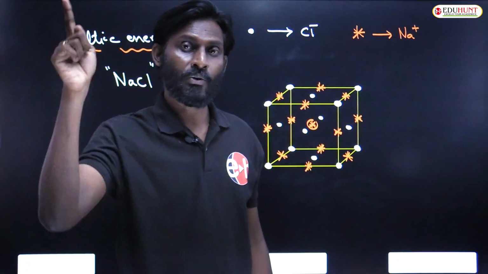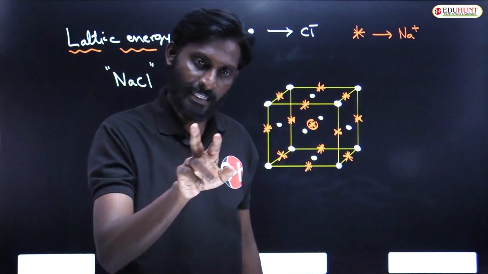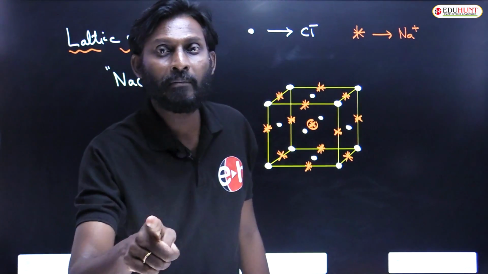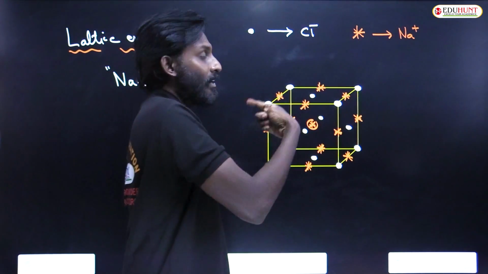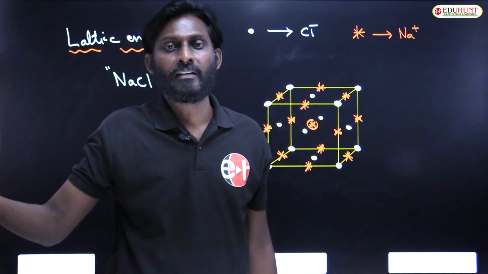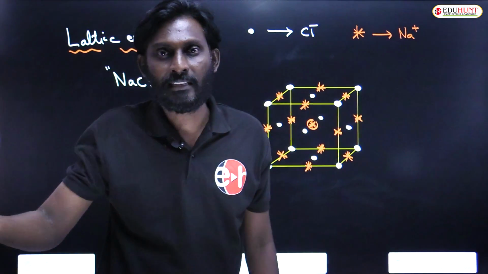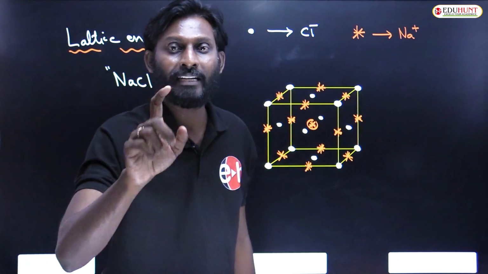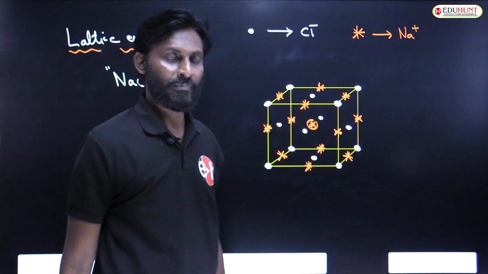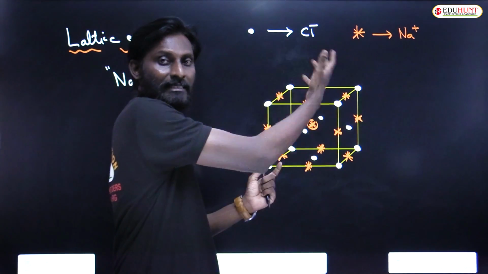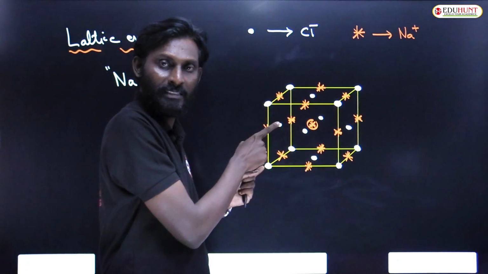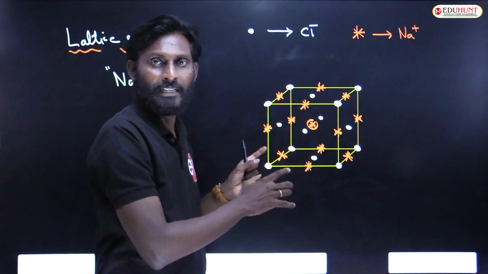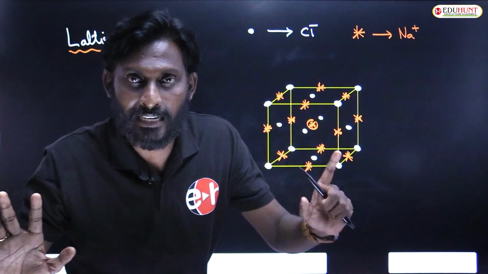But in that crystal, there are Na plus and Cl minus ions, and they have a proper order of arrangement. There is a sequence, there is a pattern. That pattern or sequence or arrangement is called lattice. So inside the crystal there is an arrangement called lattice. That's why the whole thing is called crystal lattice.